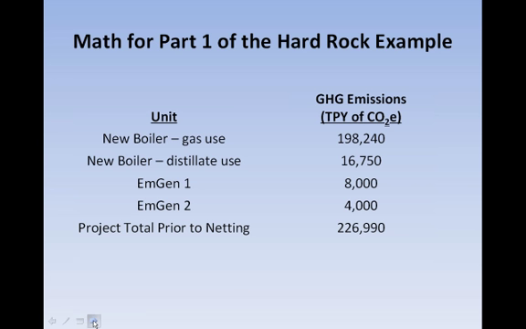And you can see the emission levels here, everything added together, all the new increases would be over 200,000 tons per year of CO2e. So the reduction that's due to the shutdown of the stoker boiler is not going to be included in this step. It will not be included until the contemporaneous netting period, the evaluation of the increases and decreases that are creditable during that period.